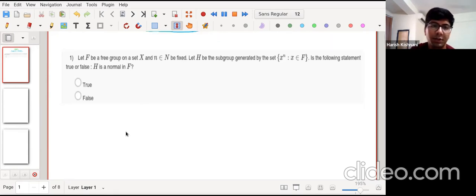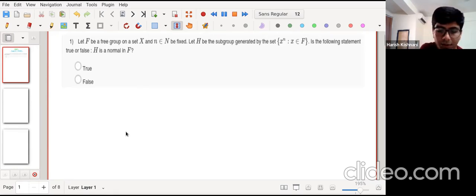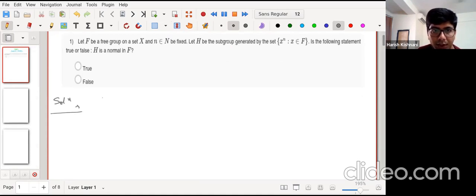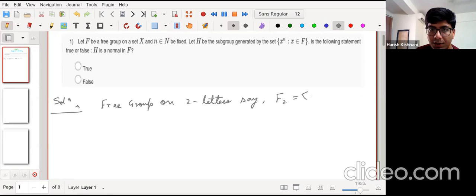Okay, so let me try to write something. Just starting with a free group on two letters, say F2, generated by x1 and x2.